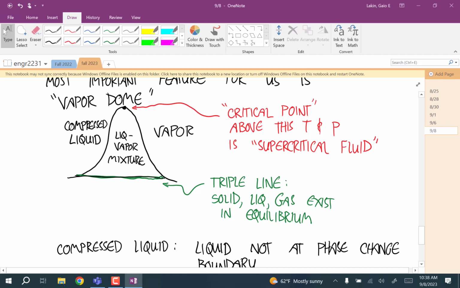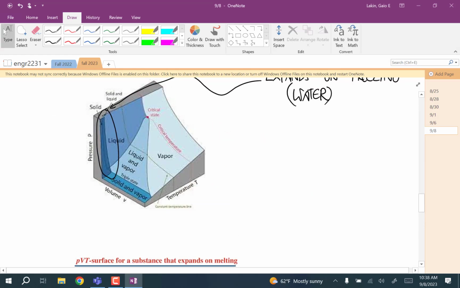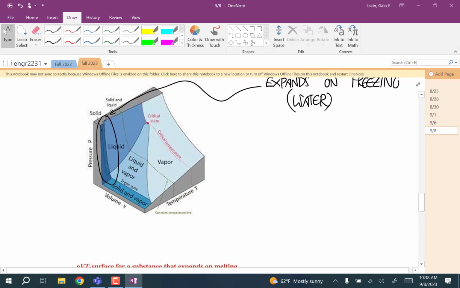Then if you keep removing energy, it starts to be a liquid. There's a lot we could say about the phase change boundary between liquid and solid. It just isn't as useful to engineers, so we're not really talking about it. So that dome, it's kind of a flat surface on the temperature. Well, you can tell from here, it's sort of, yeah.